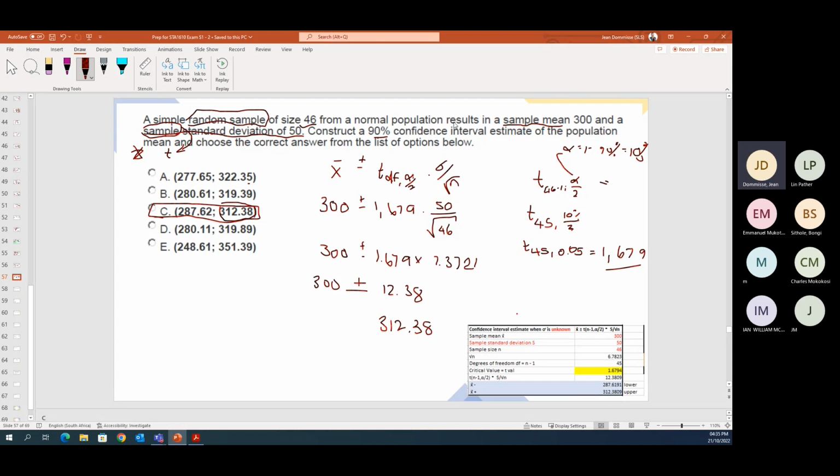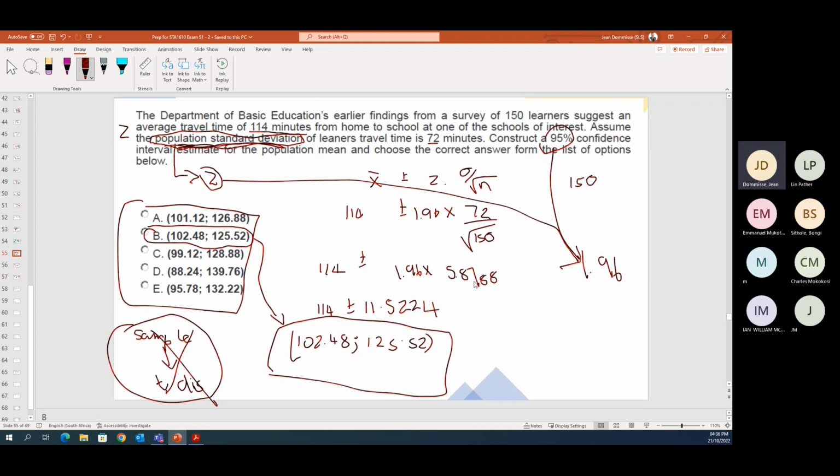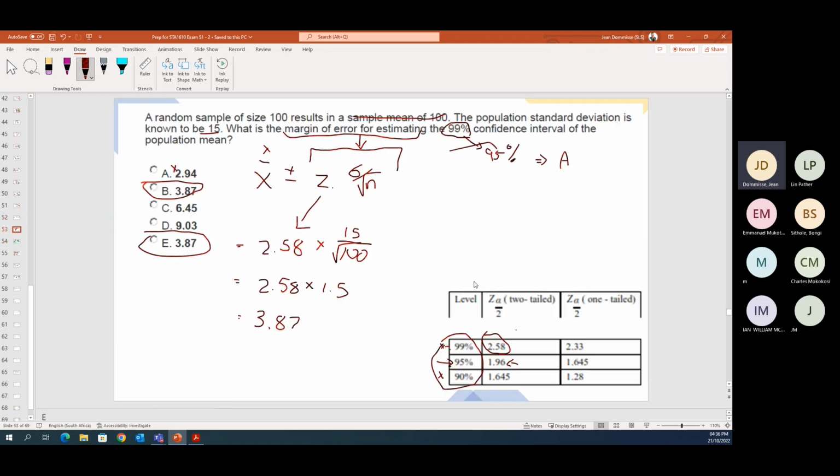Problem if you used the Z, then your answer would have been, let me quickly check. Luckily, your answer would not have been here. Let's quickly check what we would have used for 90%.